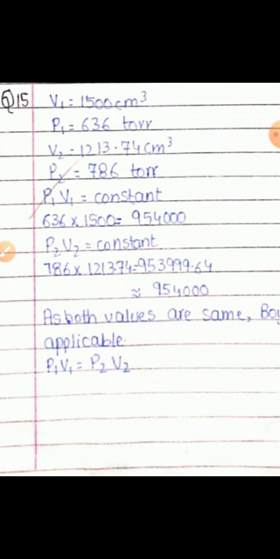According to Boyle's law, the product of pressure and volume is kept constant at any two sets of condition. So we calculate P dot V for the two sets and compare.